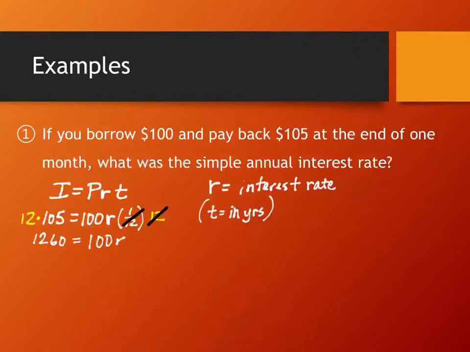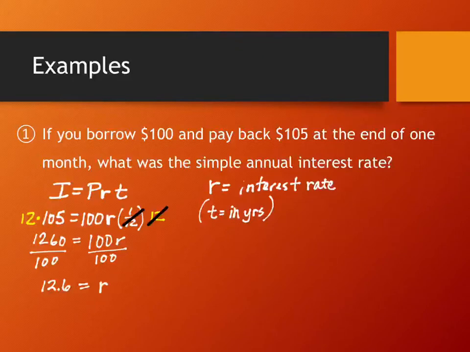Then what would I do? Divide by 100. And then there's one more.